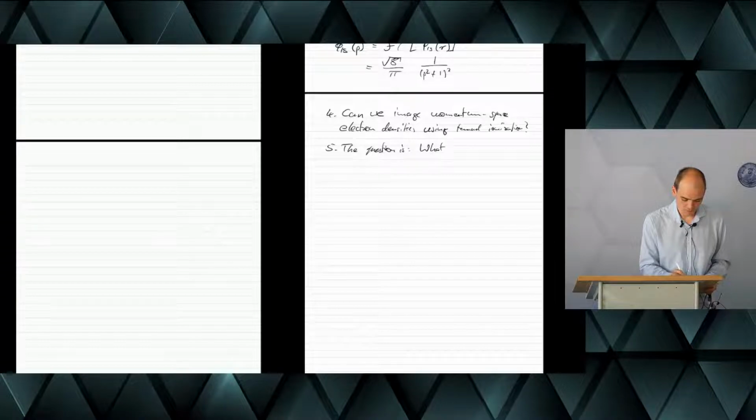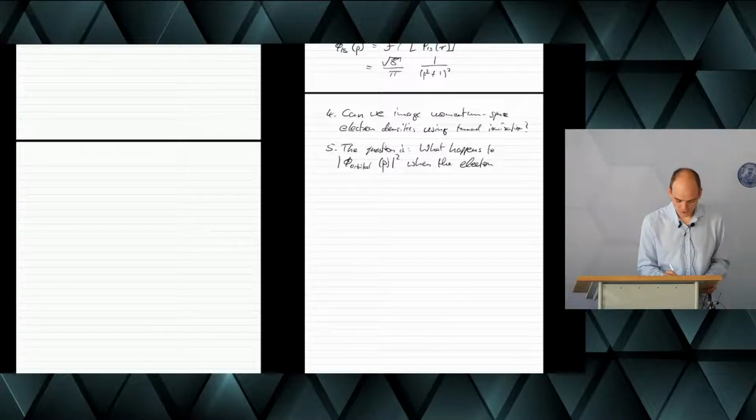What happens to psi, let's call this orbital of P, when the electron tunnels?